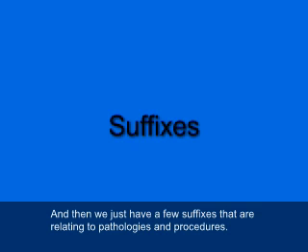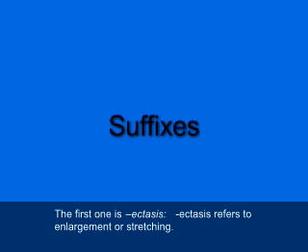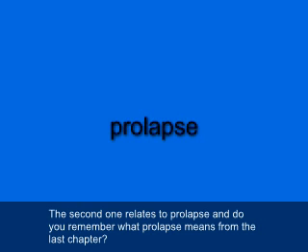Okay, and then we just have a few suffixes that are relating to pathologies and procedures. The first one is ectasis, hyphen ECTASIS. Ectasis refers to enlargement or stretching. The second one relates to prolapse.